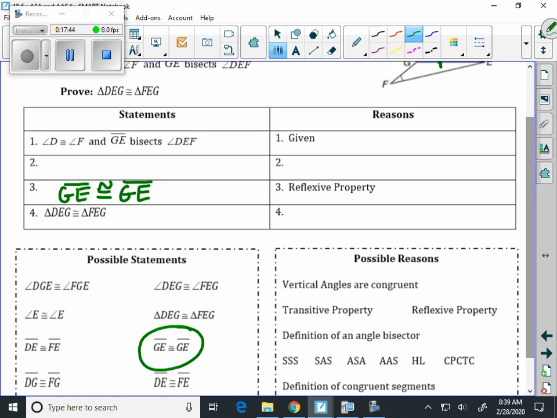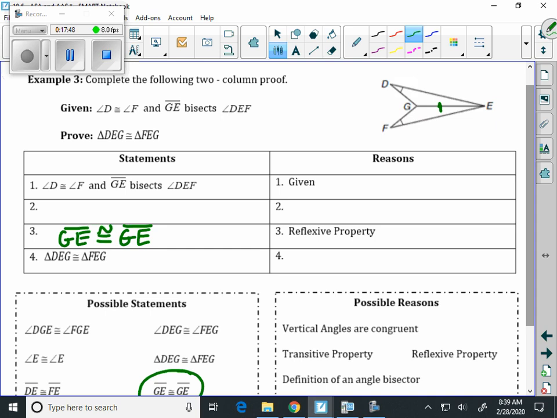Our given was already done for us, and let's go back and mark up our triangle to finish this. Nice thing is that angle D is congruent to angle F is already there for us. And then we've got GE bisects angle DEF. Well, there is a vocab word, bisects.